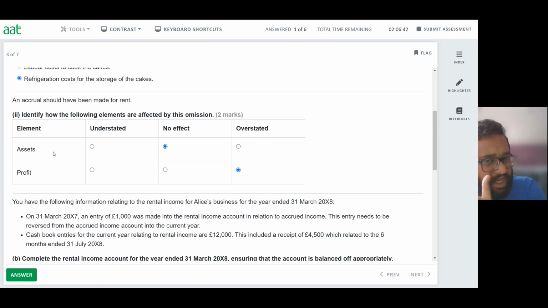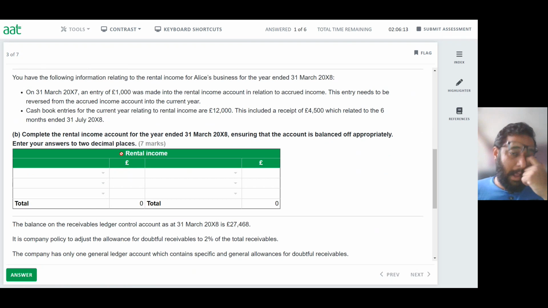If your liabilities are understated, obviously you think, oh yeah, my assets are going to be showing higher, but they're not. Assets themselves have no effect, but because the liabilities are lower, that impacts the other side of the equation. Remember, assets are equal to liabilities plus capital. If your assets don't change, your profit, which is the capital, increases, which means your liabilities should have come down. But for this question, it's no effect for assets. So let's see the next one here. You have the following information regarding the rental income for Alice's business, 31st of March 2018.